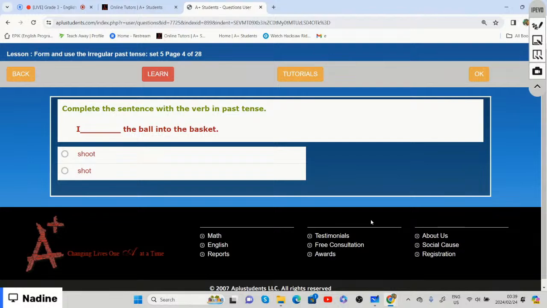Remember it's in the past tense. Shoot is now. It's something that is happening now, but in the past tense.